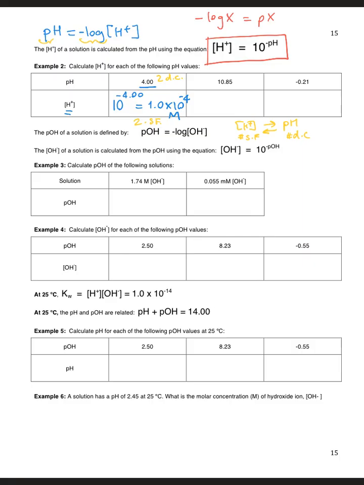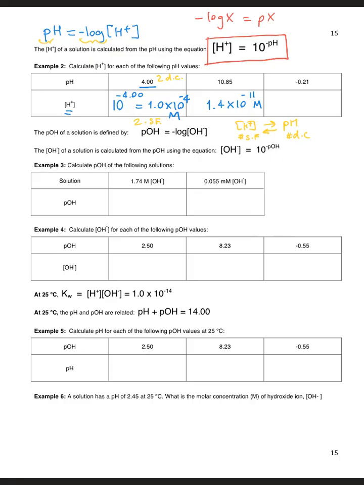Let's take a look at the next pH value, 10.85. If you do the same thing to find out the concentration of proton for the pH 10.85, by doing 10 raised to negative 10.85, you are going to get the value of 1.4 times 10 to negative 11 molar.